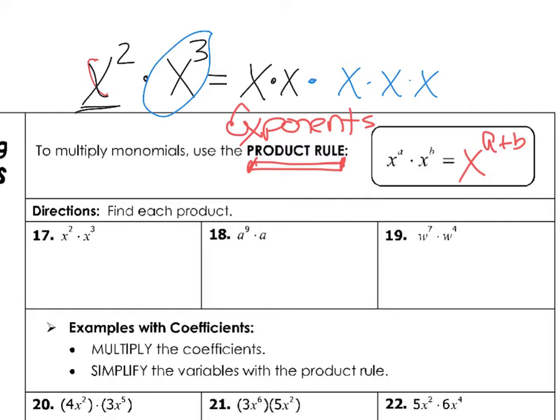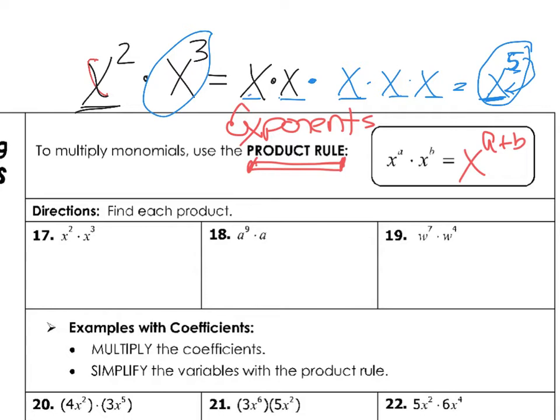And we're multiplying these two. So now, how many x's do I have? 1, 2, 3, 4, 5. So my exponent form would be x to the 5th, if I'm writing it as a power. Remember, this whole thing's called a power. x is your base, and 5 is your exponent. 5 tells you to multiply x 5 times.